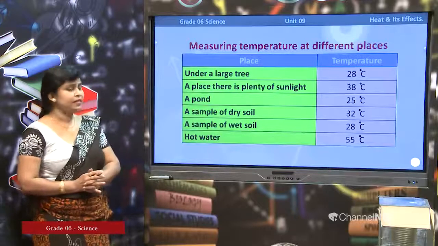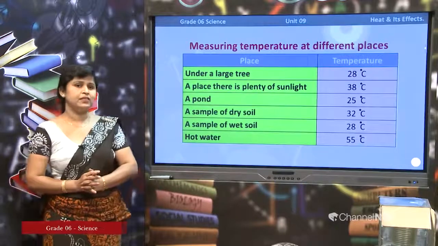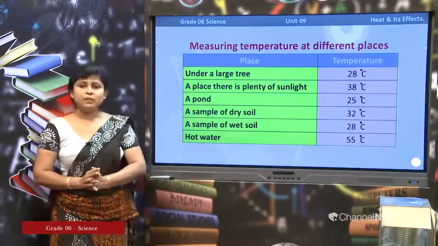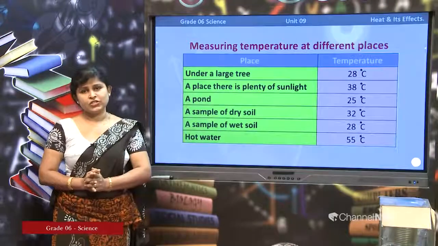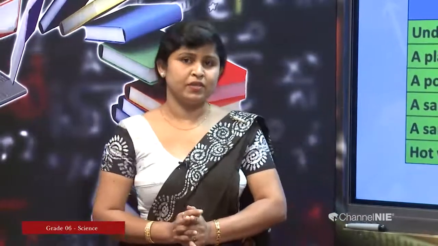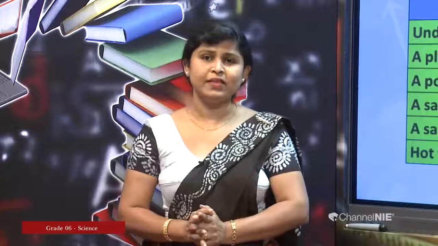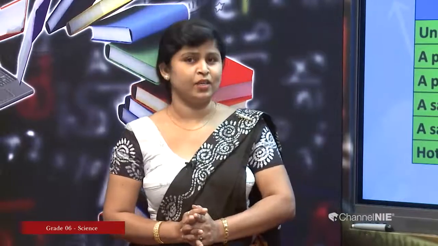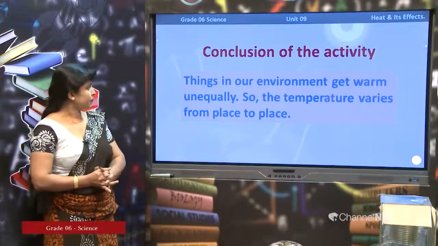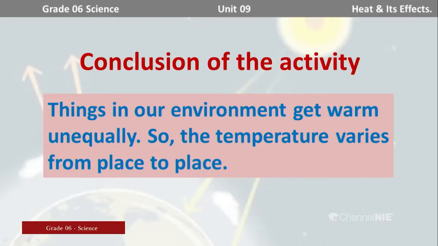So by looking at this table, by looking at these recordings, you have to understand that the temperature shows a variation. There are different places. According to the place, the temperature shows a variation. So that is the conclusion of this activity, right? Let's see the conclusion of the activity. Things in our environment get warm unequally.